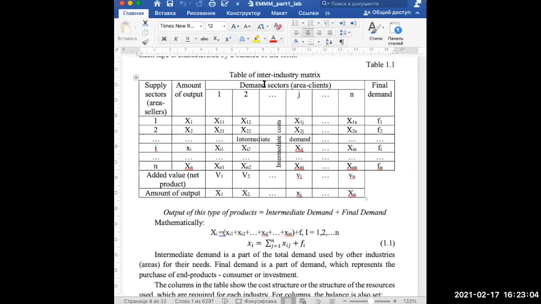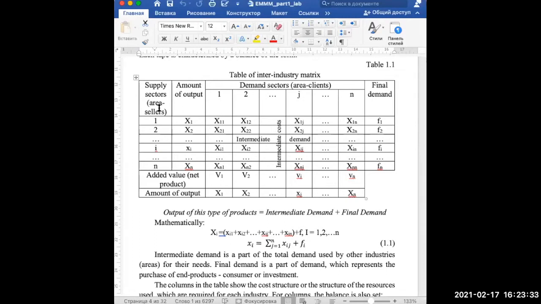Sometimes we call this table just the input-output table, or in some sources the table of inter-industry metrics, but it doesn't matter, because the most important thing is the rows and the columns of this table, not its name.